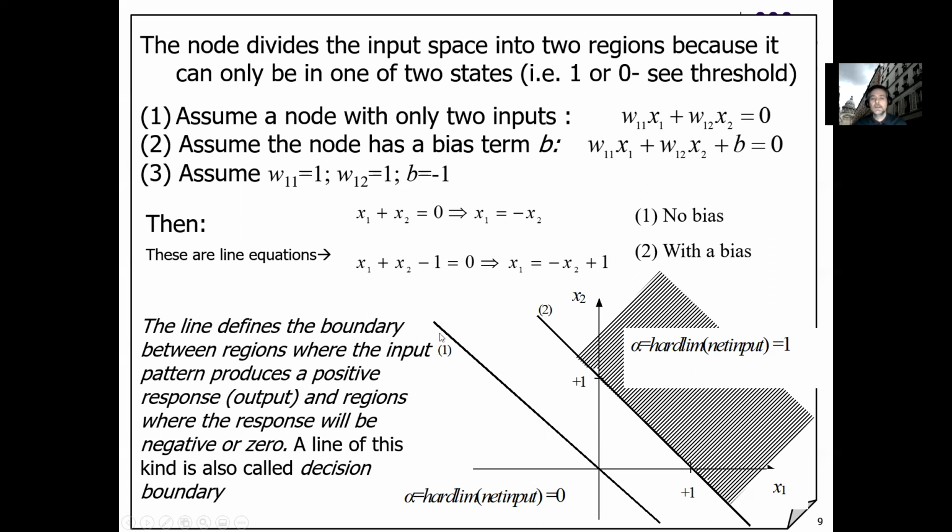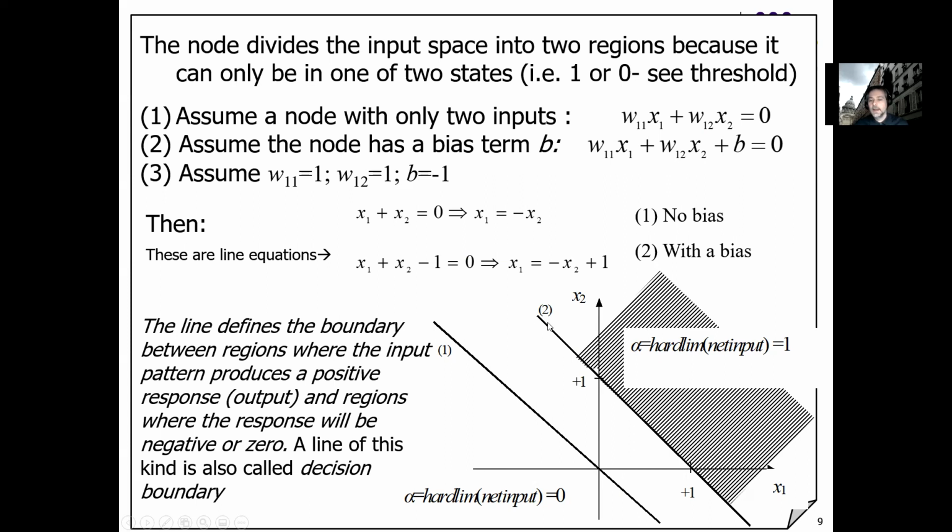So in the first case, the first line, when there is no bias, passes through the origin of the axis, and it divides the space into two regions. In one region, this part on the right side of the line, the output is 1. On the other side, it's 0. So depending on where x1 and x2 lie, you can get 1 or 0 at the output.